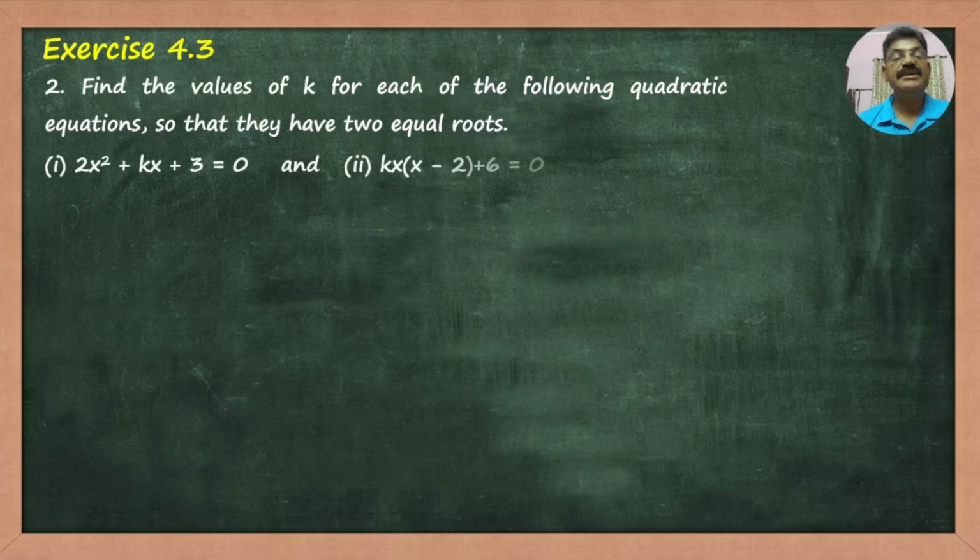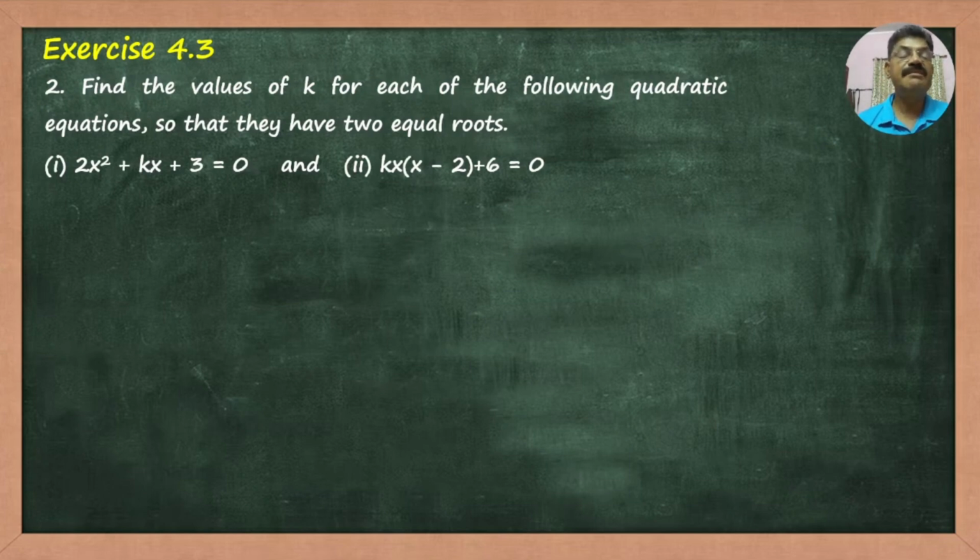Fourth problem, 2x² + kx + 3 = 0 and kx(x − 2) + 6 = 0. Find the values of k for each of the following quadratic equations so that they have two equal real roots. So if they have two equal real roots, then the discriminant should be equal to 0. That is b² − 4ac = 0.